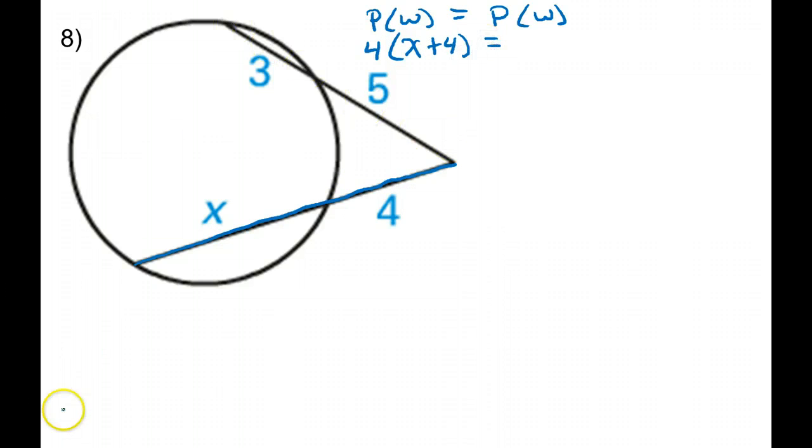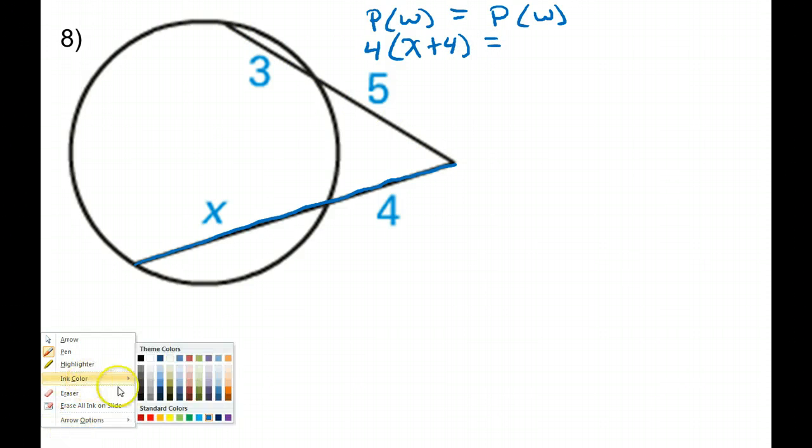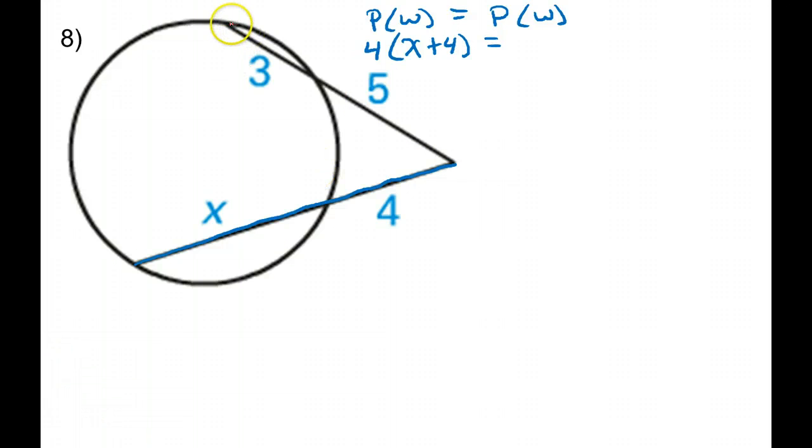Now, for the other segment, which I will change to red, the part is the 5, that outer part. The whole is 8. 3 plus 5 is 8. So that's part times whole. So it's just a matter of solving this equation. We will definitely do the distributive property with this 4.